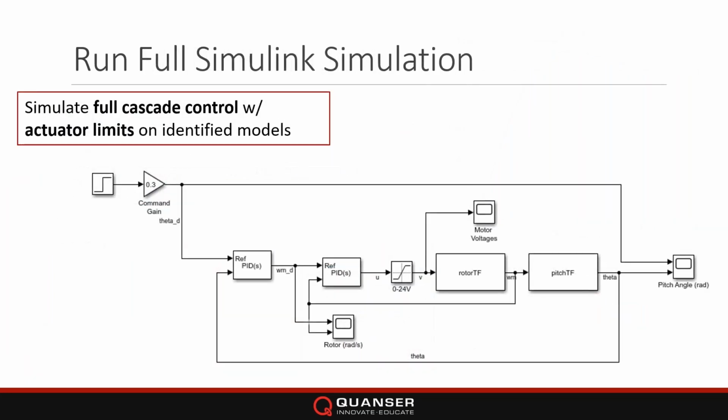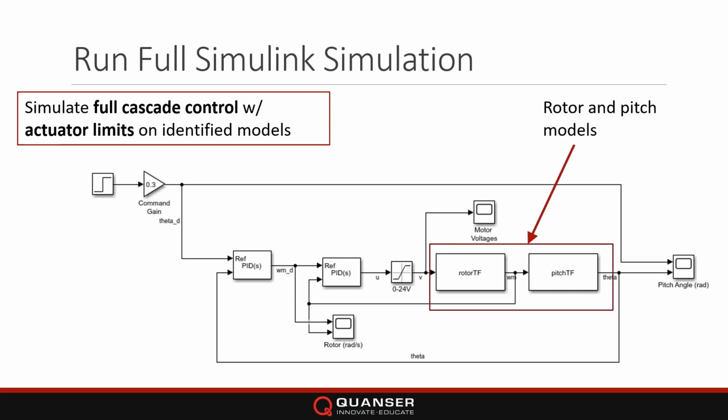Okay, so now we run it with a more representative model. So this is the full Simulink simulation. So we're doing the full cascade control and trying to replicate what is going to happen on the actual hardware as close as possible. So here's the identified pitch and the identified rotor models we have, right? So we have both models now in the loop.